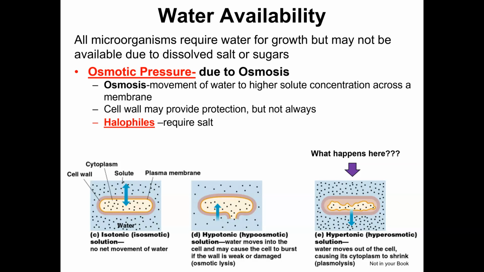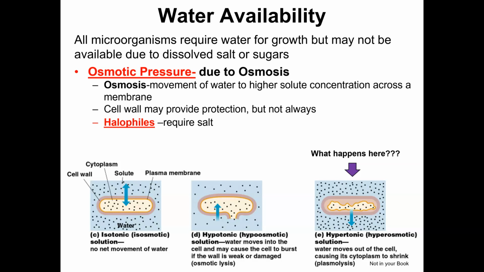Both sides of the cell have the same amount of salts. Okay, so water can freely pass through. The cell's going to get what it needs. This is what it wants. Isotonic is ideal. Now in a hypotonic environment, slightly less ideal because the inside of the cell is saltier.